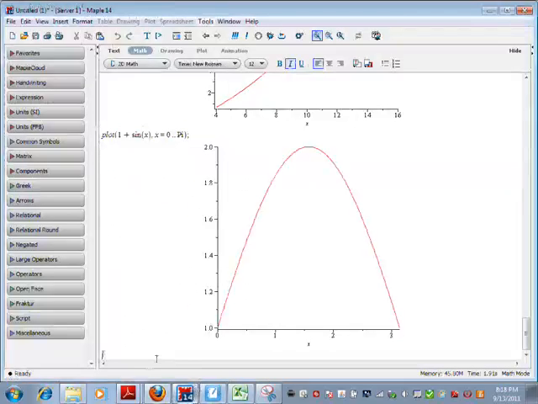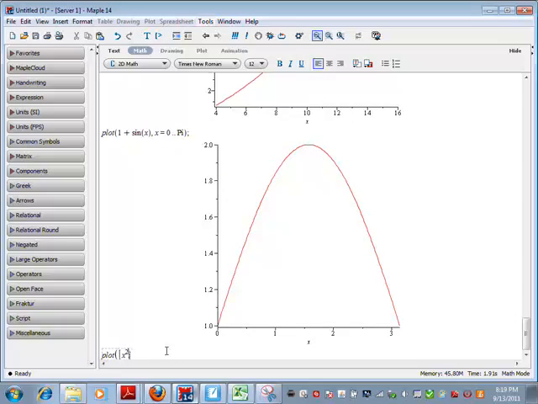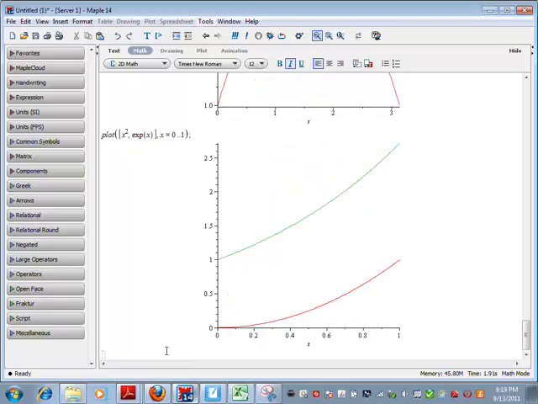So if I say plot e to the x, x squared, and then the exponential, e to the x, and then I say on the interval x equals 0 to, let's say, 1, I want you to find that area.